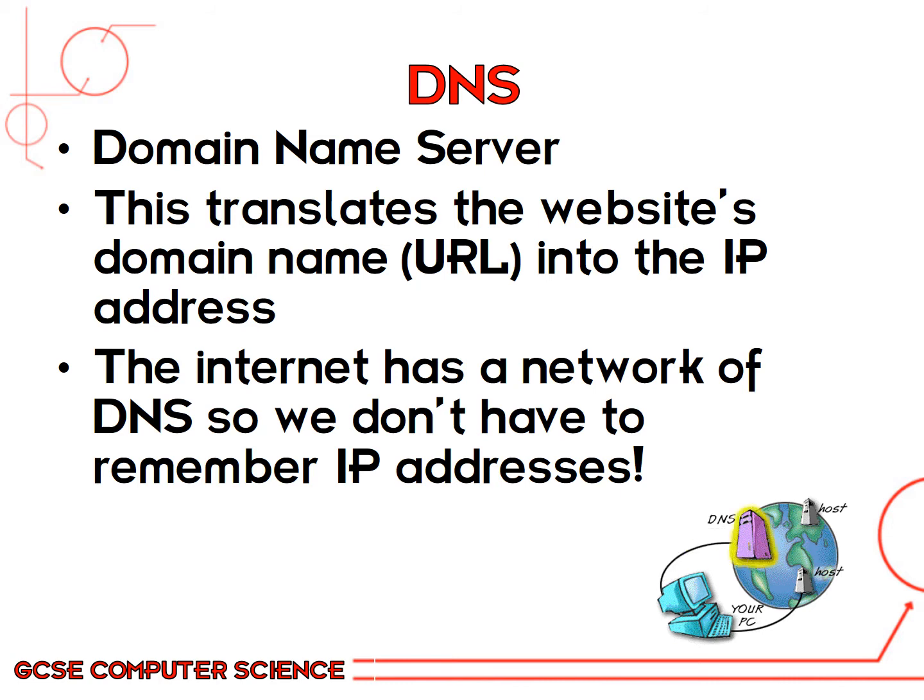So how we get by this is we use a domain name server. Now this basically translates the website's domain name, or the URL, into its matching or corresponding IP address. So the internet has a whole network of DNS, so we do not have to remember the IP addresses. Makes it much easier for us humans.